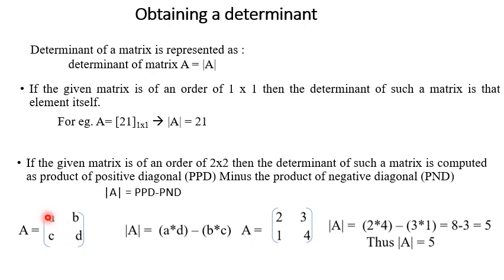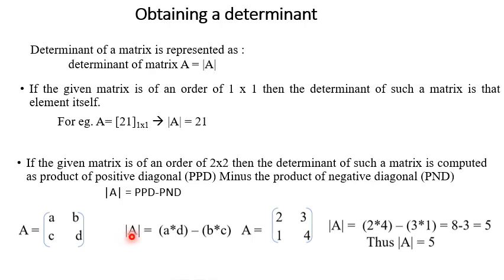So this is your positive diagonal. The other diagonal will naturally become the negative diagonal. So product of positive diagonal will be A into D. That is what is written over here. Minus the product of negative diagonal, that is B into C. This will give us the value for determinant of A.